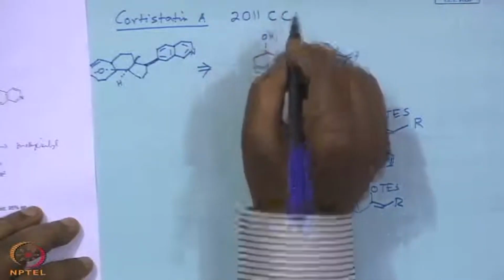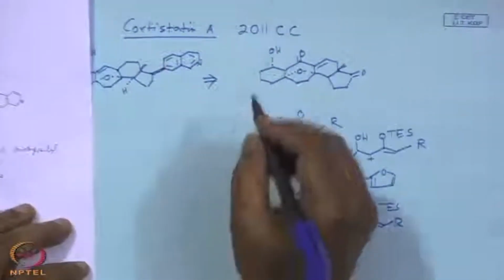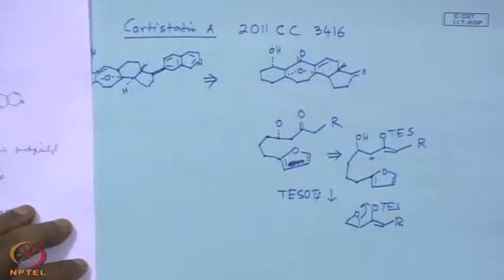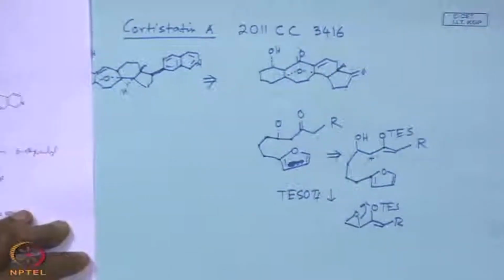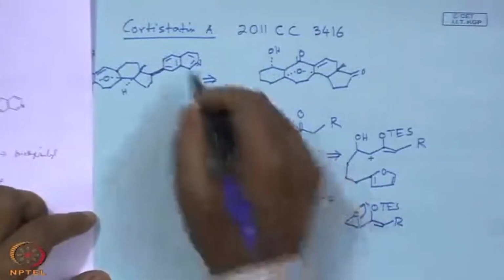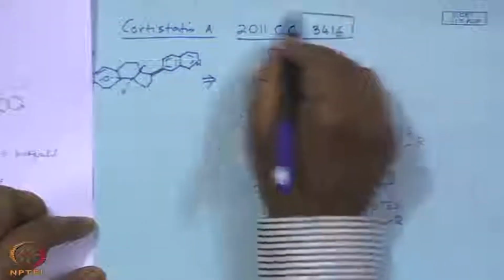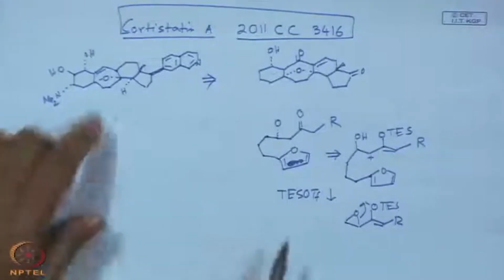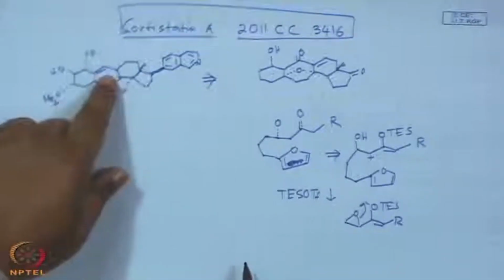If you are interested I will give you the reference. This is taken from 2011, Chemical Communications, page number 3416. Okay, those who are especially organic chemists, though you study this, it is a very interesting reaction.